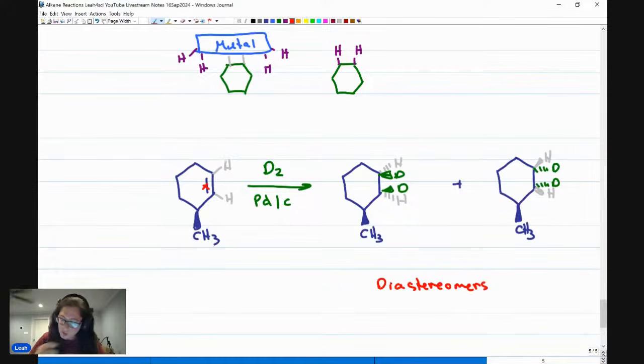Actually, I don't know that you would have learned this concept yet. So if you haven't learned this, just completely ignore what I said here. If you have learned stereochemistry, what you're looking at is 1 chiral center the same and 2 chiral centers that are different. That is how we got the concept of diastereomers, but I'm not going to bring that up again because I'm guessing you probably have not yet learned stereochemistry this early.